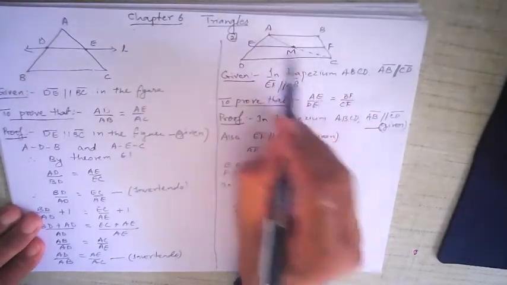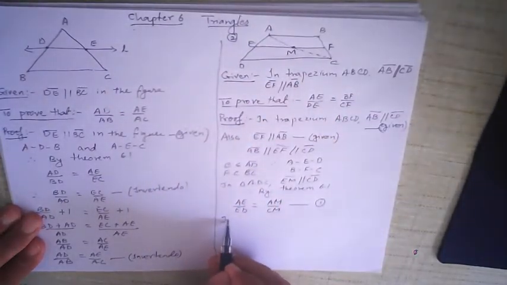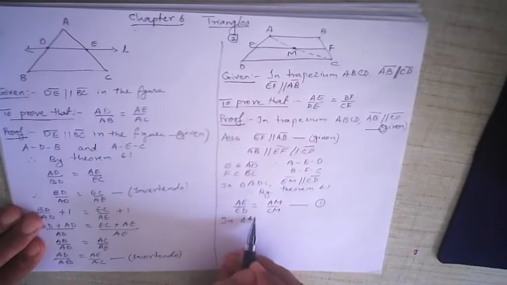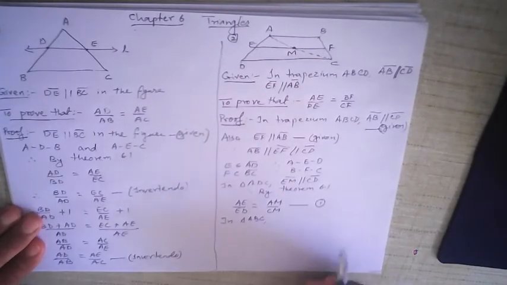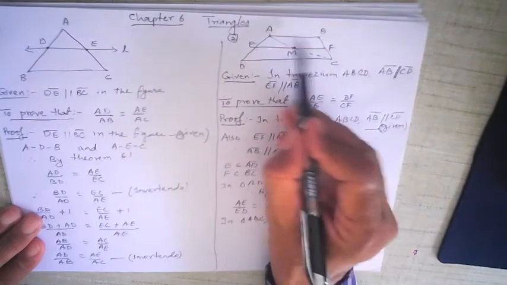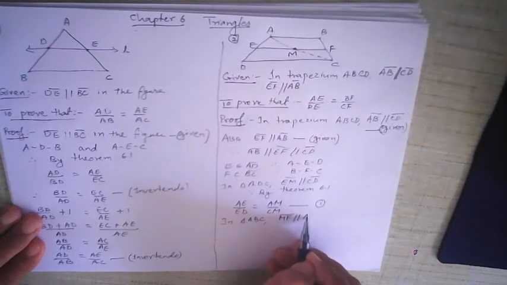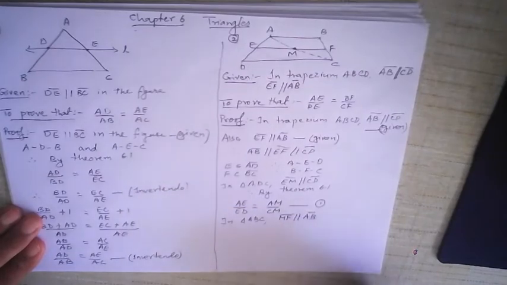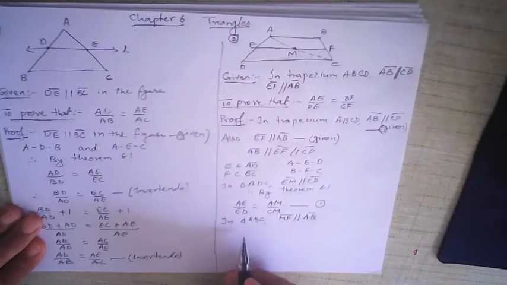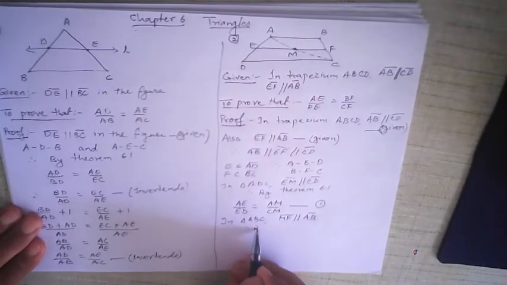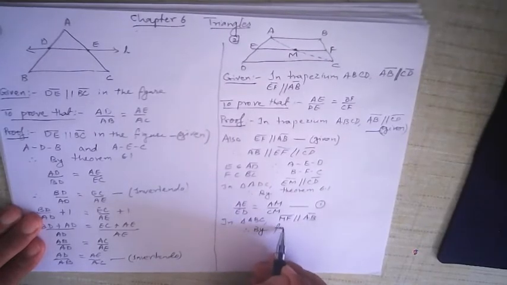In triangle ABC, the upper triangle, what is parallel? MF is parallel to AB. If MF is parallel to AB, again by fundamental theorem.